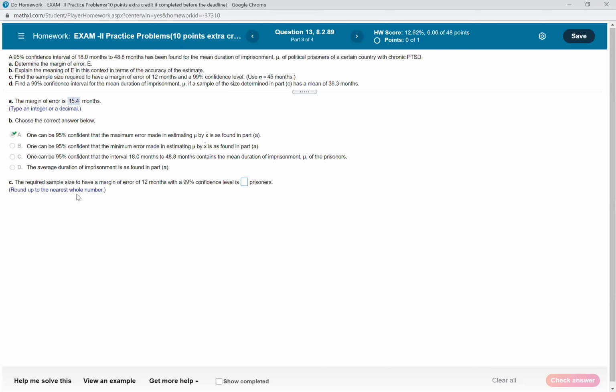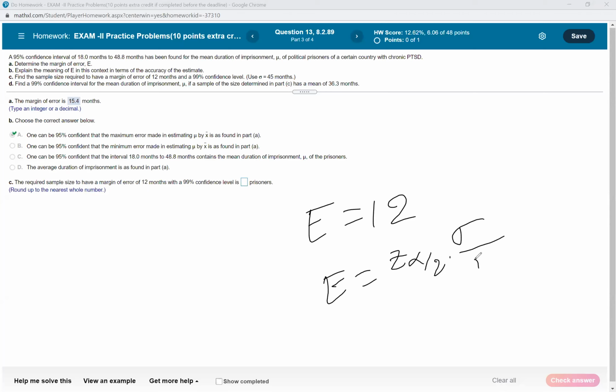The required sample size to have a margin of error 12 with a 99% confidence interval. So we want a 99% confidence interval, and we need to find the sample size to have a margin of error 12. The margin of error is z alpha over 2 times sigma over square root of n. So n is then the square of this.